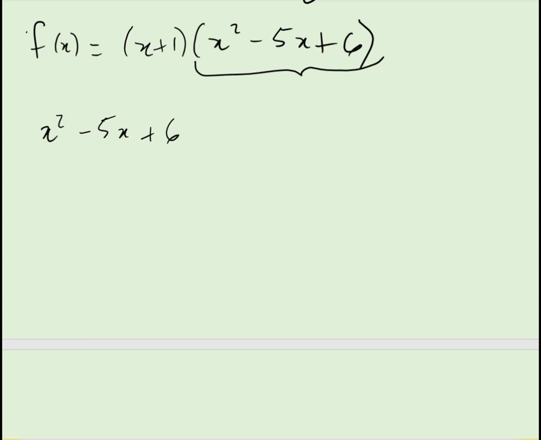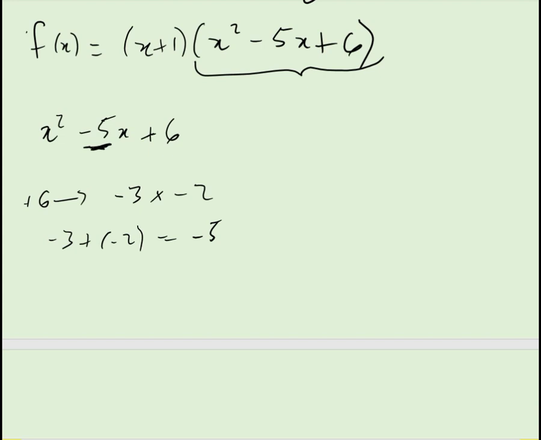But we have a negative 5 over here. So we need values that will add up to negative 5. So how about 6? This is positive 6. Positive 6 can be negative 3 times negative 2. Because if you add negative 3 to negative 2, you get negative 5.